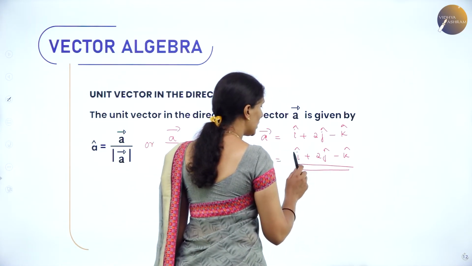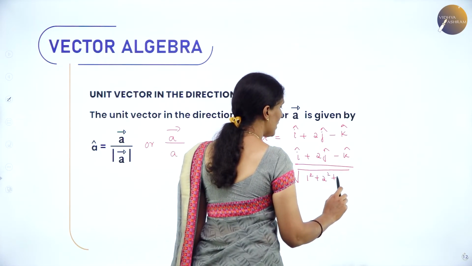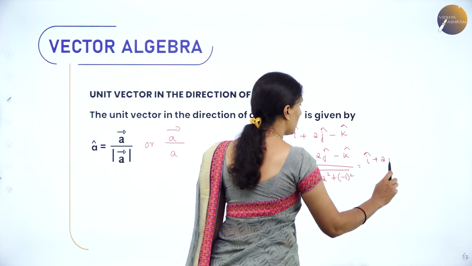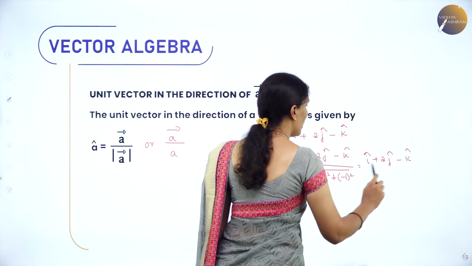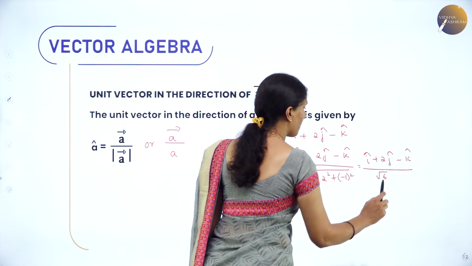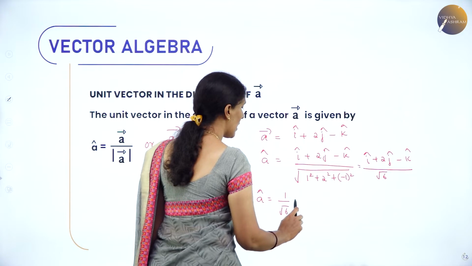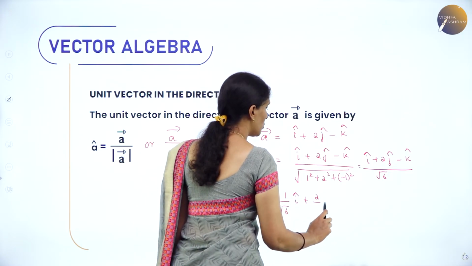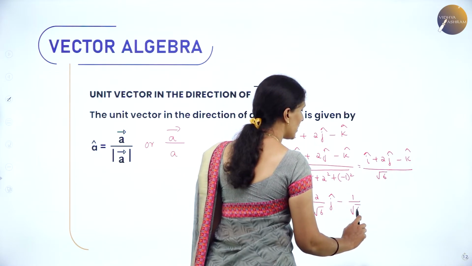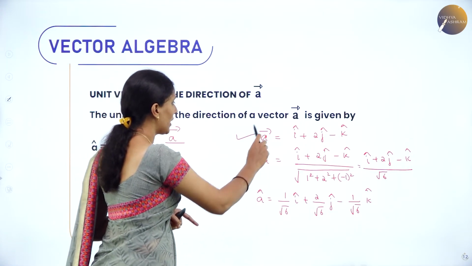That is using the scalars, that is 1 square plus 2 square plus minus 1 whole square. So we have i plus 2j minus k divided by 1 plus 4 plus 1, that is root 6. Or we can write the unit vector as 1 by root 6 i plus 2 by root 6 j minus 1 by root 6 k. So this is the unit vector along the direction of vector A.